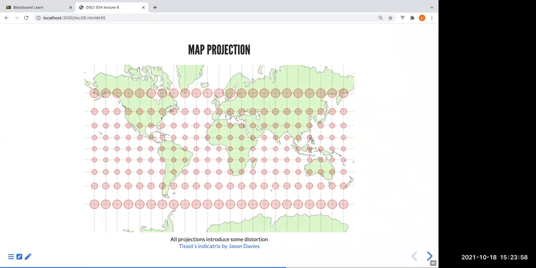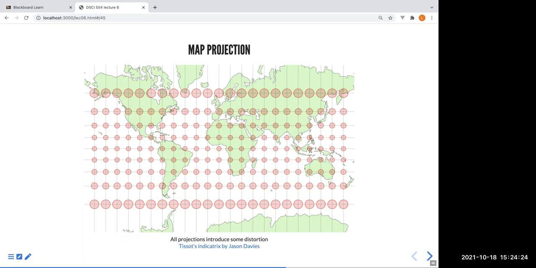So here you see an example of a projection. And these little circles are there to indicate what deformations the projection is creating. And you see that the circles towards the poles are larger than at the equator.